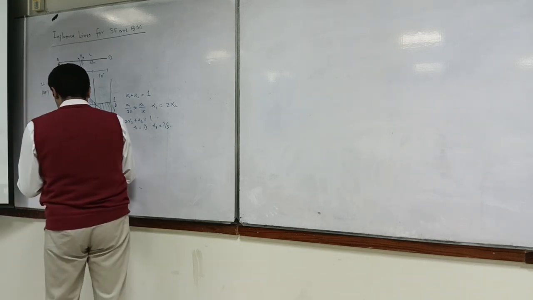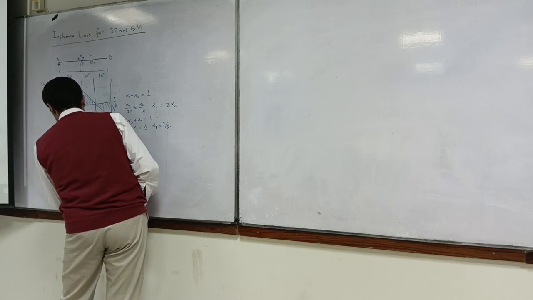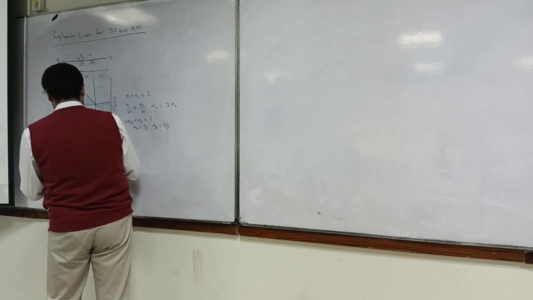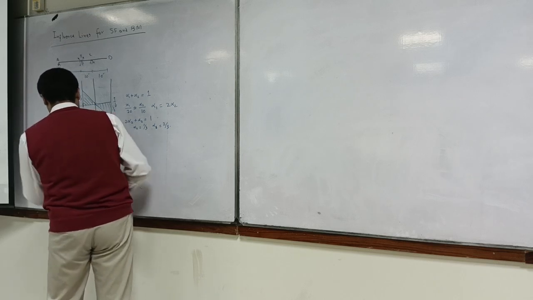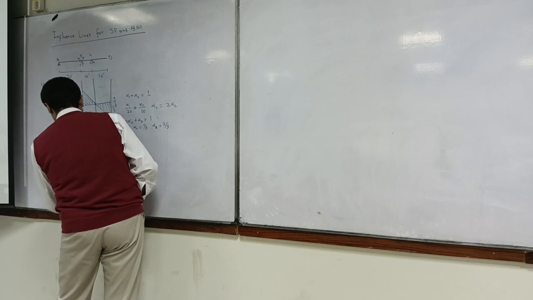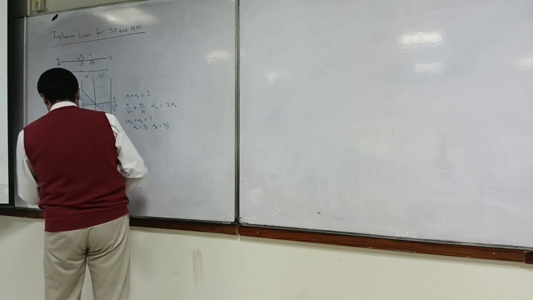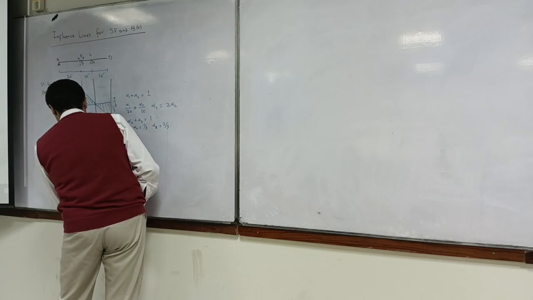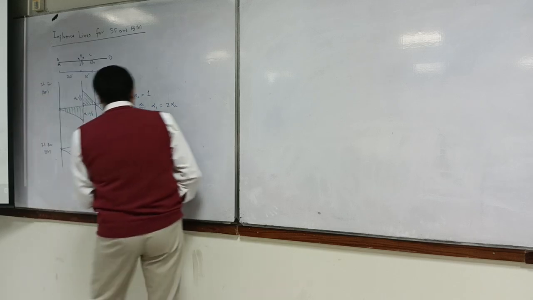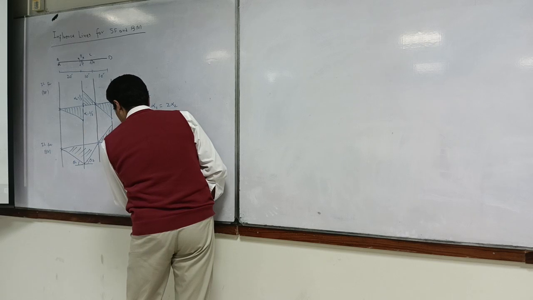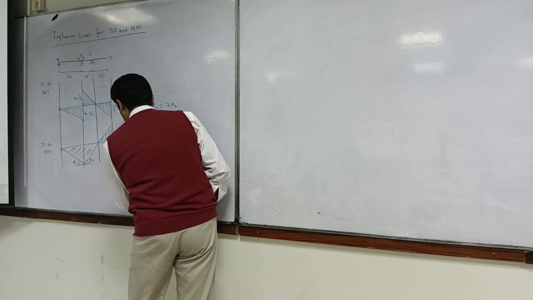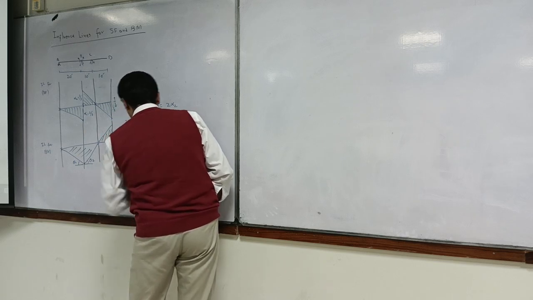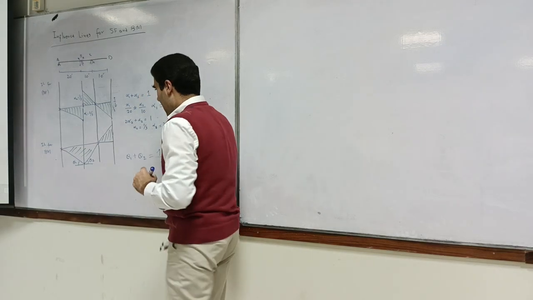Now, let us find out. We said theta 1 and theta 2. So theta 1 plus theta 2 must be equal to 1.